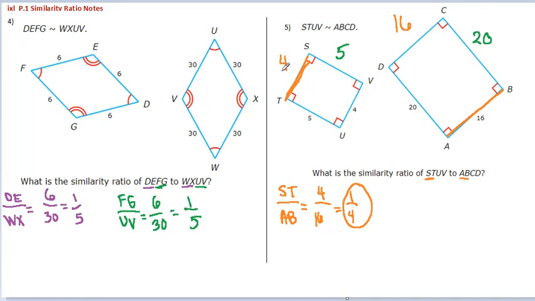So I could just fill in those opposite sides, which is what I did. And so I set it up to be ST is congruent to AB, and that is 4/6, which reduced to 1/4. And that's all you got to do for that one. Hopefully that's not too difficult. And that's all I have to say about that.